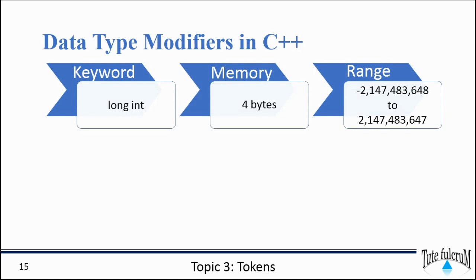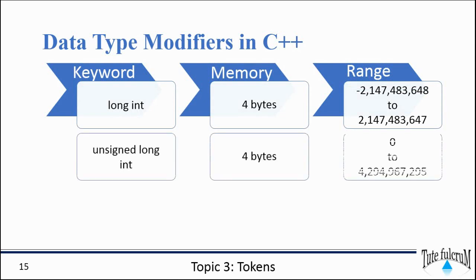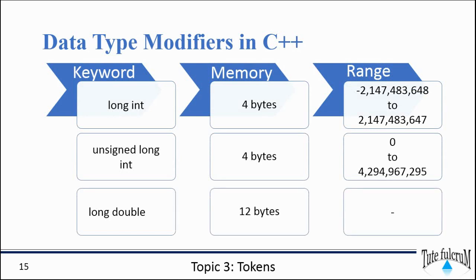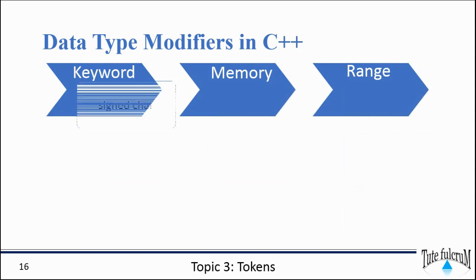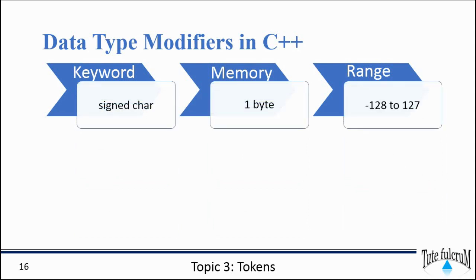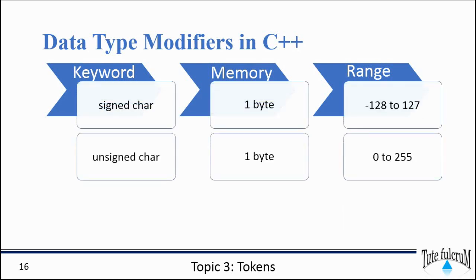Long int, again it takes 4 bytes of memory. Unsigned long int with 4 bytes of memory. Long double, which takes 12 bytes of memory. And you have signed char, 1 byte of memory, and unsigned char, which takes 1 byte of memory.